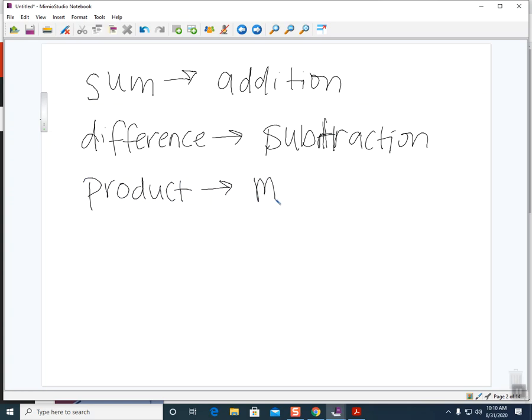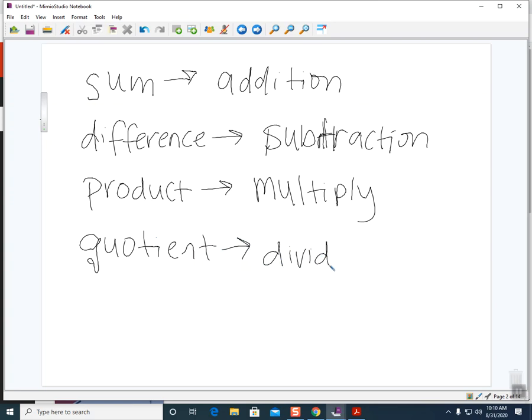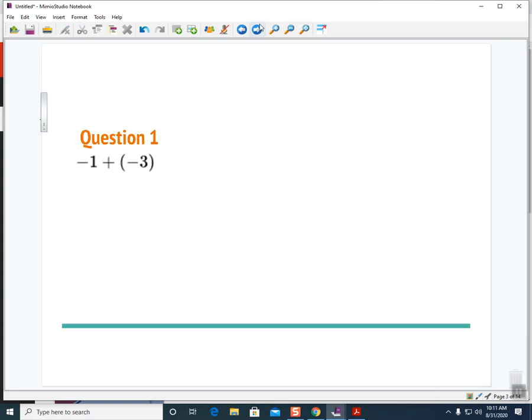Multiplication. I'm just going to write multiply. And then lastly, if we're talking about quotient, that means that I'm dividing. A couple people got sum and product mixed up on our quiz, and so I just want to make sure that we went over all of those today.